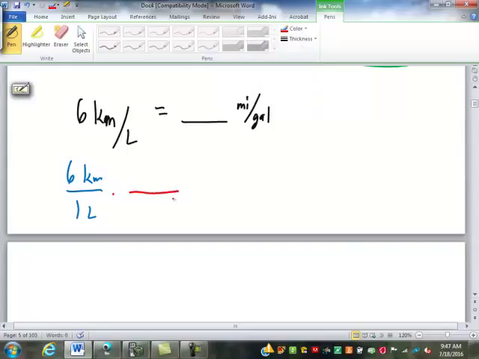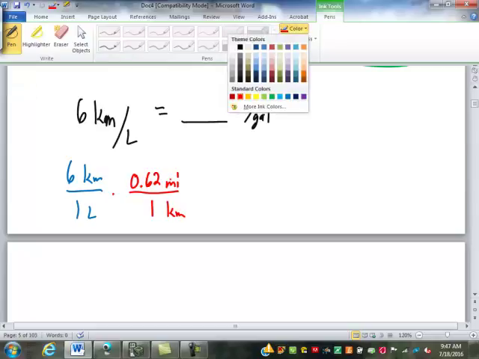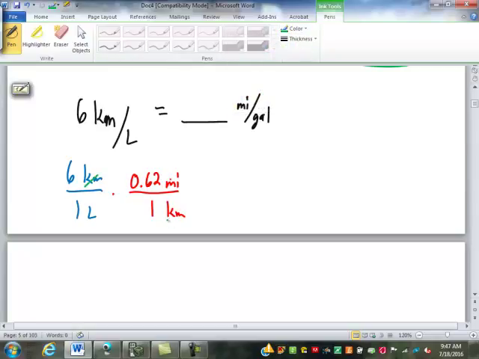So we're going to get rid of the kilometers first. Kilometers on bottom here, going into miles. If we look on page 576, we have 1 kilometer equals 0.62 miles. So our kilometers have canceled out. Now I want to get rid of liters, so liters are going to go on top, gallons on bottom.